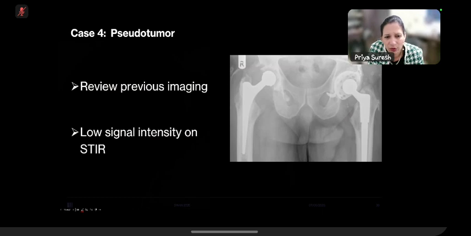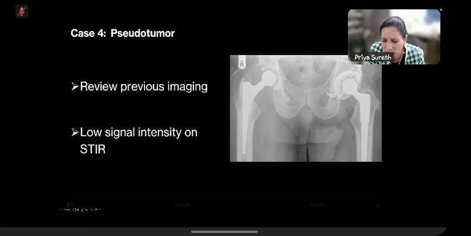So, review previous imaging, low signal intensity on STIR. You could see this before; in the previous imaging, it was there. If it is a tumor that's been there for 10 years, it would have grown at a faster rate and destroyed more of the bone. And if you are looking for a bone tumor, then it will grow into the bone.